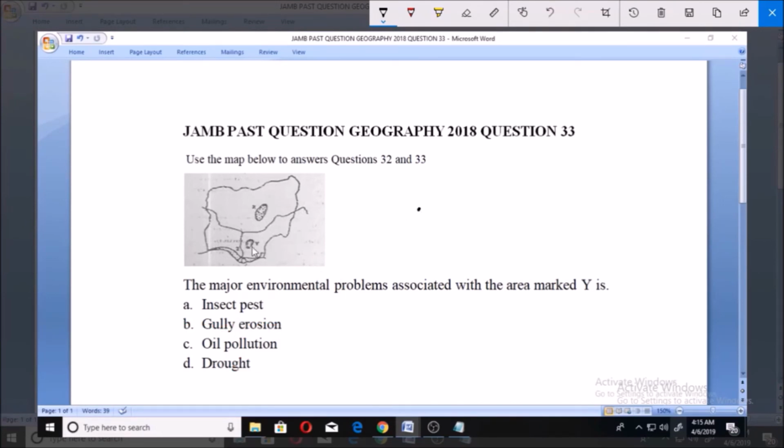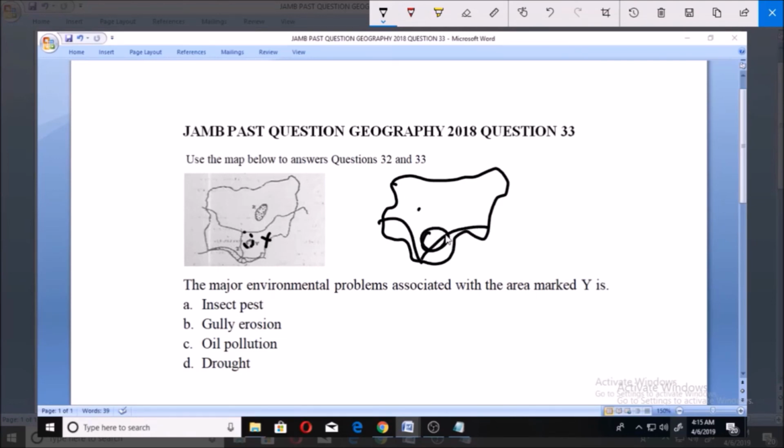So here we are supposed to identify the problem. What problem is in this area? This is the area marked Y. You can see Y here. This area in Nigeria, as we all know, if this is the map of Nigeria, we have the west, the east and the north.